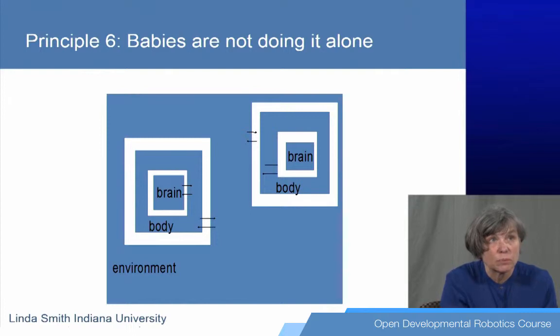Now, coming to the last principle I just want to talk a little bit about here, babies are not doing this alone. So if we really wanted to think about the brain, body, environment, there's not just the baby's brain connected to its body and the baby's body connected to the environment and the environment connected to the baby's body, but in that environment are other brain, body, environment systems.